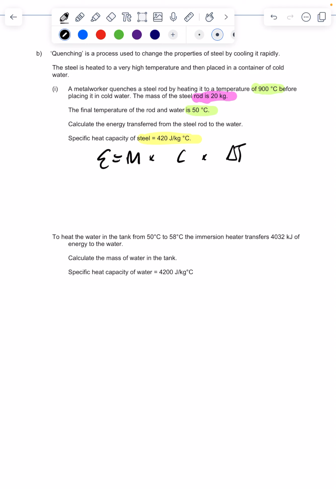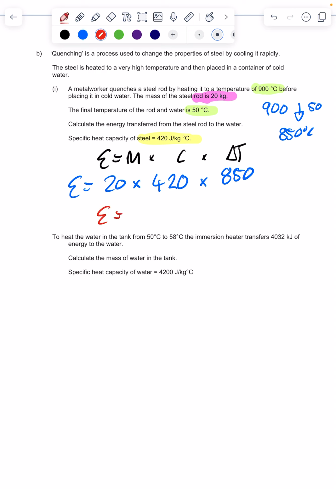We want to calculate the energy. The mass here is 20 kilograms times the heat capacity, 420, times the change in temperature. It's gone from 900 all the way down to 50, so a total difference of 850 degrees Celsius. There's no rearranging to do. We had to do some fine tuning there.